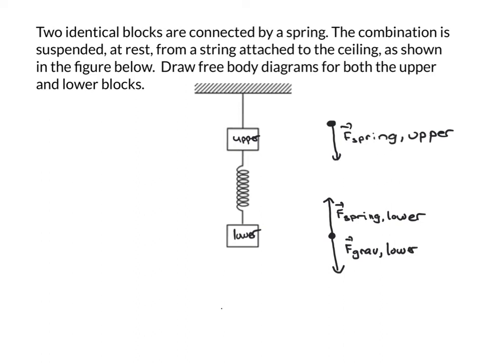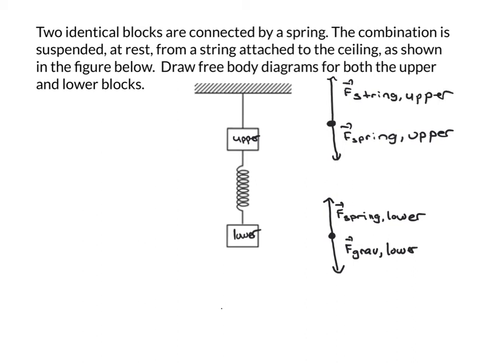So that's one force. And there's an additional contact force due to the string that is exerted on the upper block. And the string force clearly is going to point in the upward direction. So there's a force on the upper block of the string, and I'm going to call that F sub string, comma, upper.